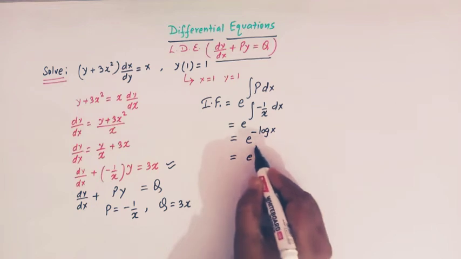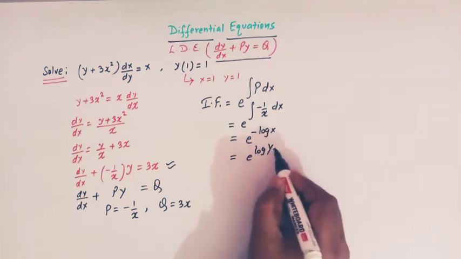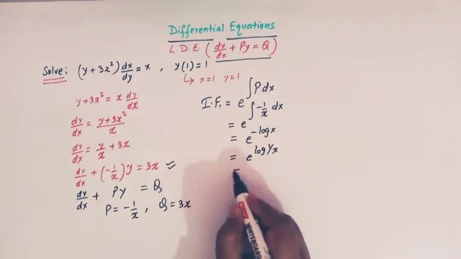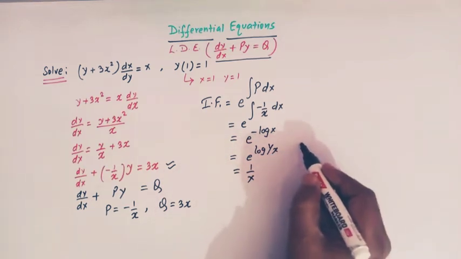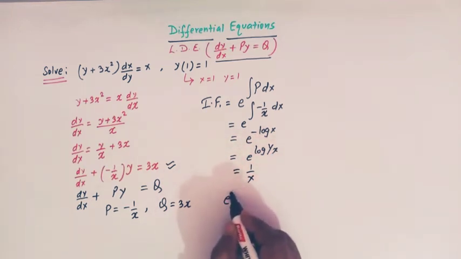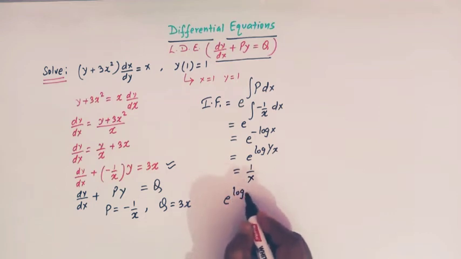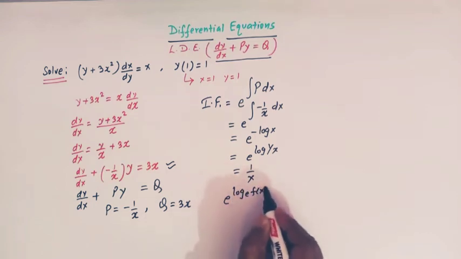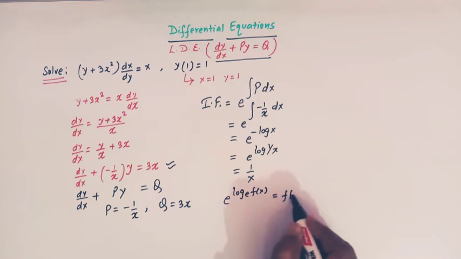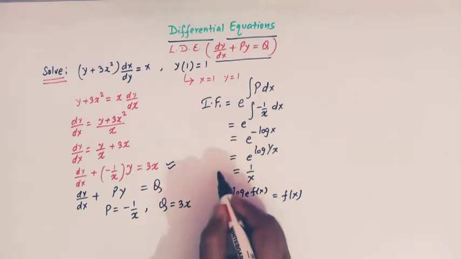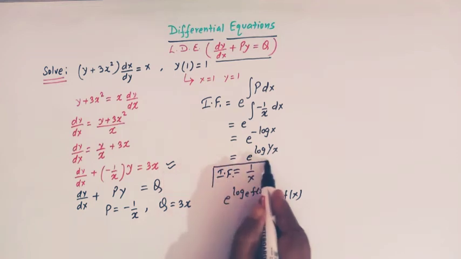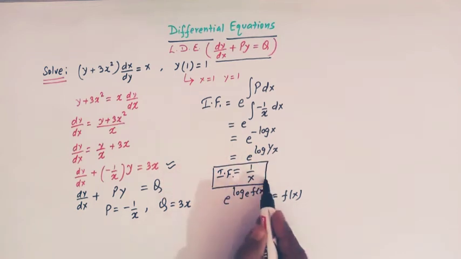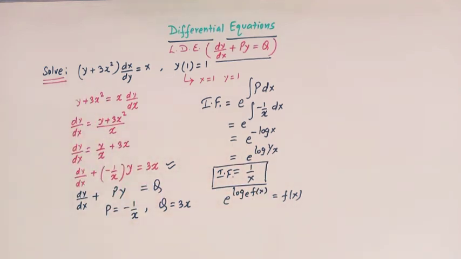We can also write it as log of 1 over x, and this is equal to 1 over x, because we have used the result that e raised to log of f of x is equal to f of x. So the integrating factor of the given linear differential equation is 1 over x.